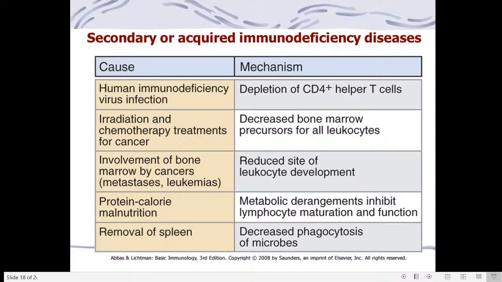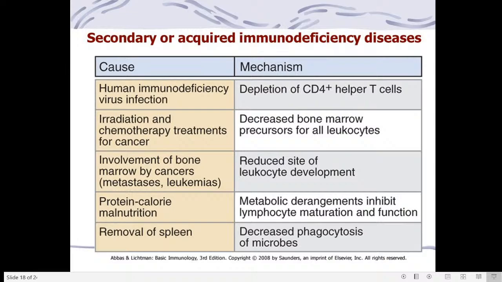And removal of the spleen may also cause immunodeficiency. It decreases phagocytosis of microbes, which is another acquired immunodeficiency. These are all the sequential processes in acquired immunodeficiency, that is AIDS.